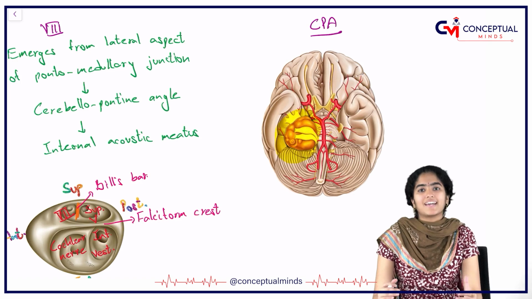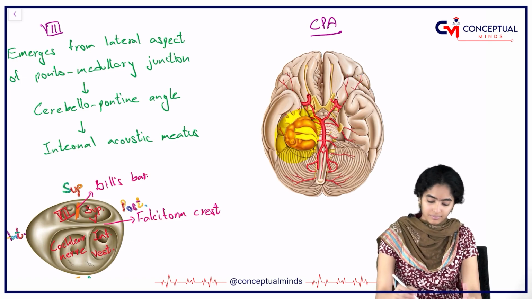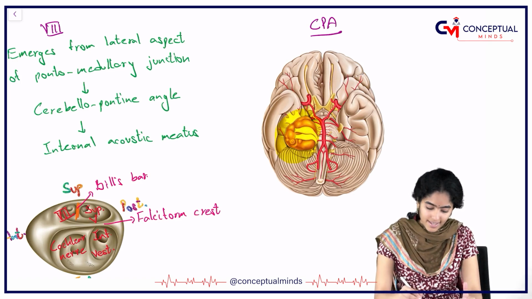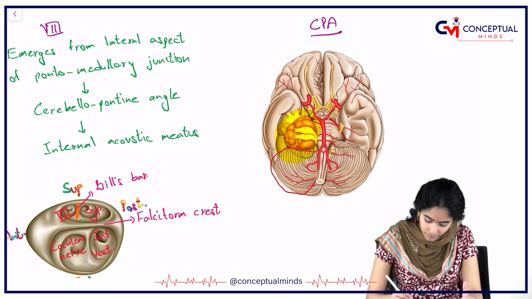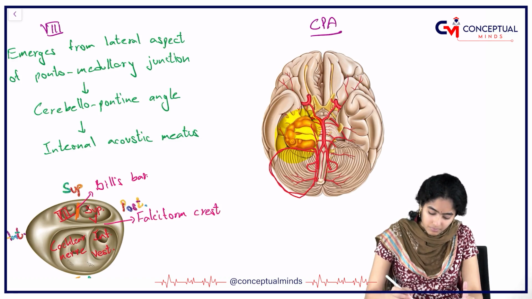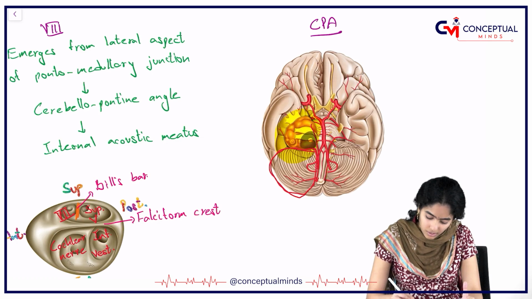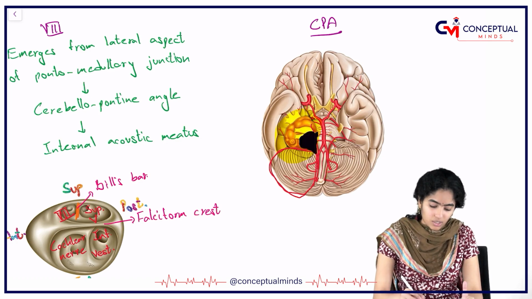Where exactly is the cerebellopontine angle? This is the cerebellum and the brain stem is coming down like this, and here this triangular depression is called the cerebellopontine angle.